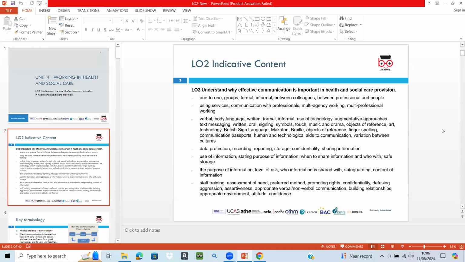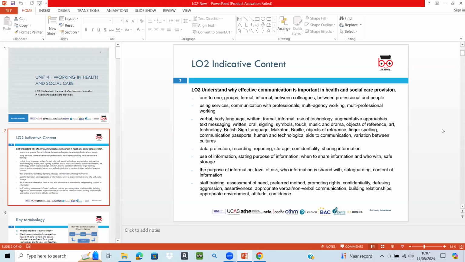Here we have the indicative content. So the indicative content is the important content which we must cover in our learning outcomes, and these are related with the specific learning outcome, whatever we are studying. As in today's case, we are studying the learning outcome 2, or we can say learning objective.